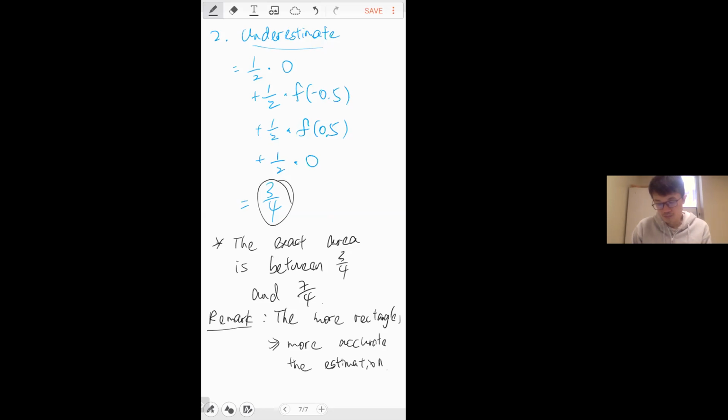I'll come back to this maybe in the next section. So eventually you want to take the limit as the number of rectangles goes to infinity, but we'll come back to this next week. Any questions before I move on to the next topic? Okay.